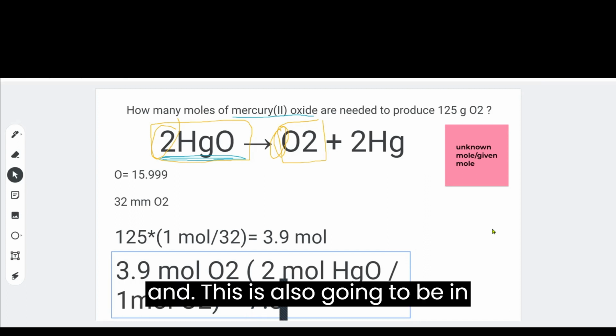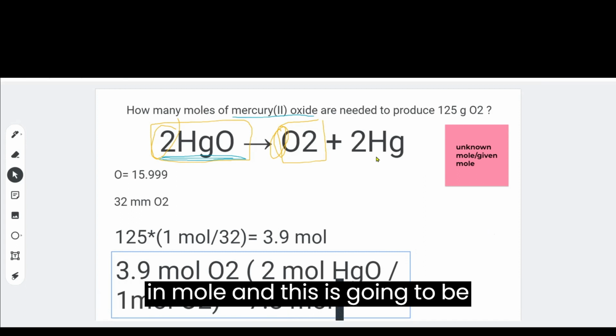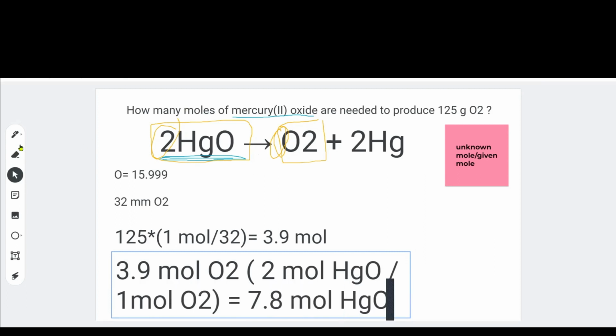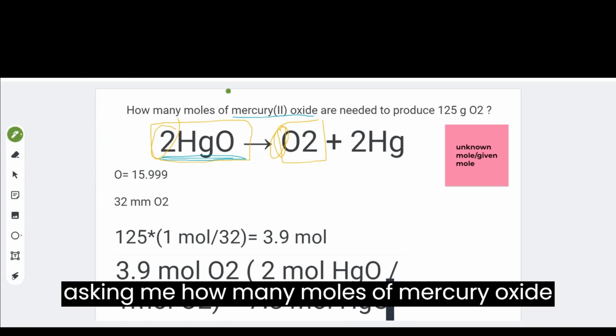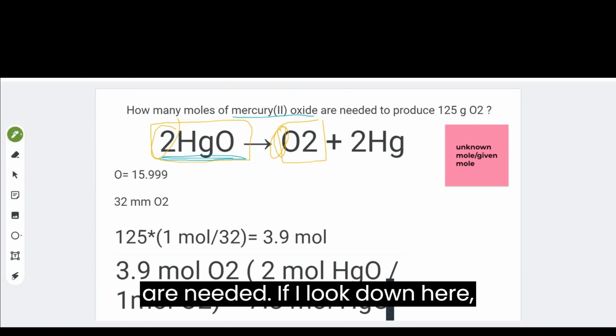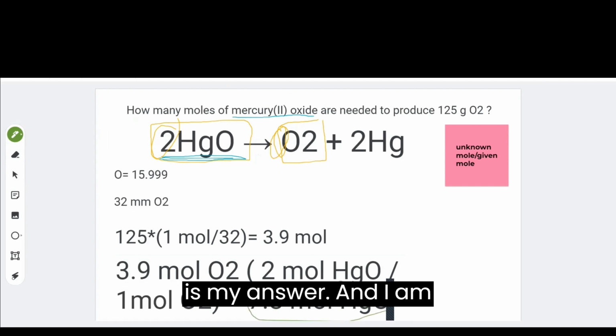And this is also going to be in mole because all of our other units were in mole. And this is going to be mole of mercury oxide, so that HgO. So if I look back at my question, it's asking me how many moles of mercury oxide are needed. If I look down here, that's where I'm at. So I know that this is my answer, and I am all done.